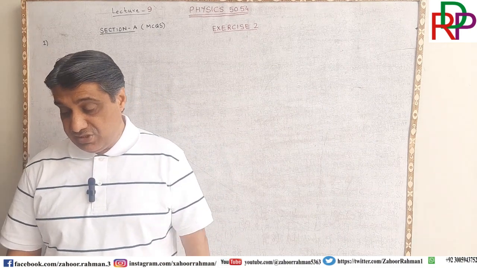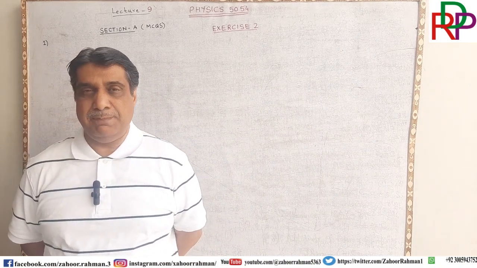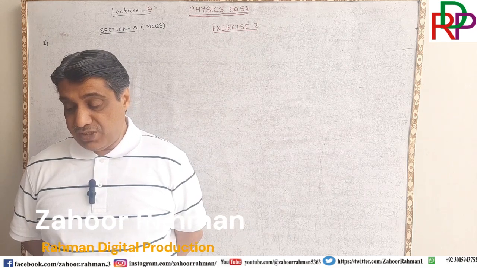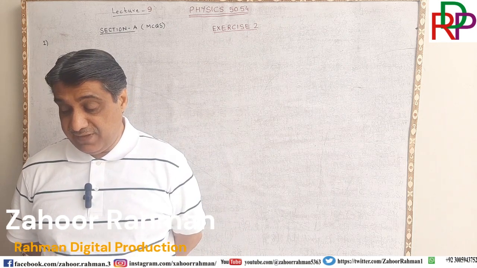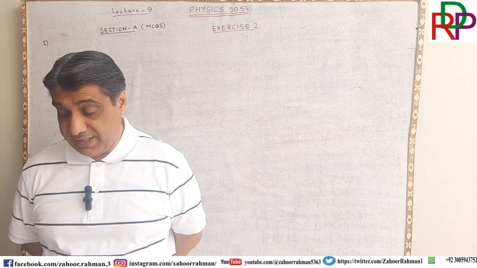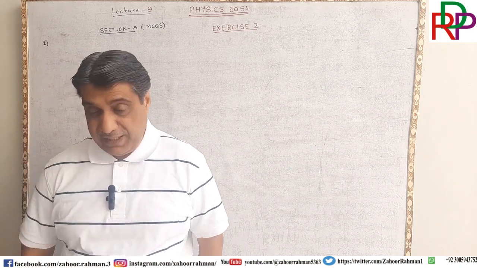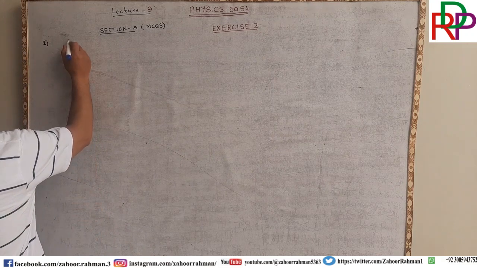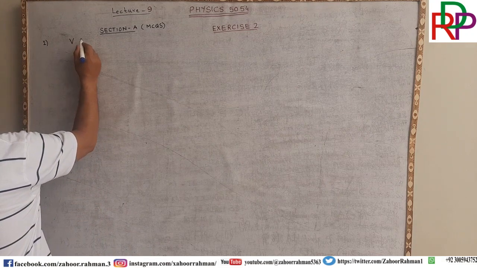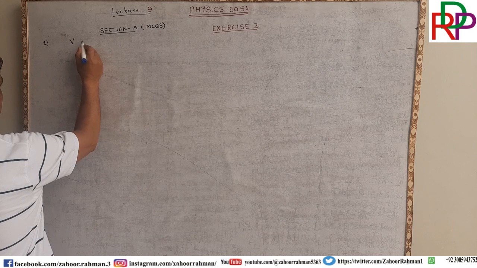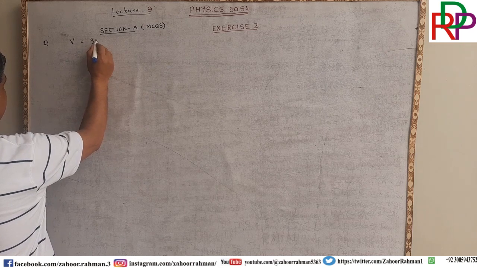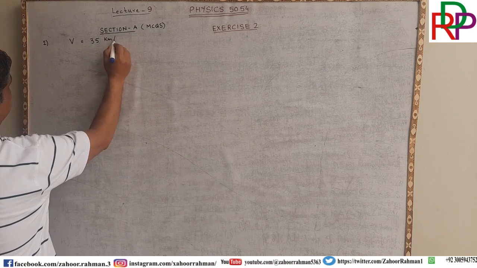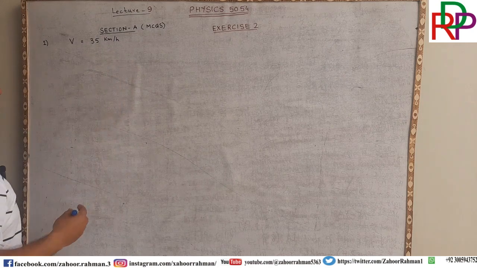Exercise 2 is given on page number 33. And the first question is saying the average speed of a car is 35 kilometer per hour. So we are representing speed with capital V and we are writing 35 kilometer per hour.